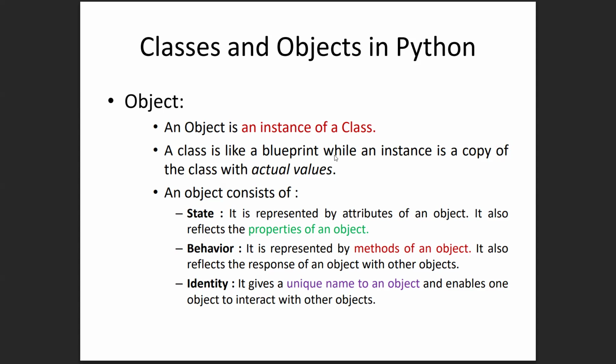Next one, behavior. So we'll see what is behavior for the object. It is represented by methods of an object. By using methods, we can represent behavior, and it will also reflect the response of an object with another object.